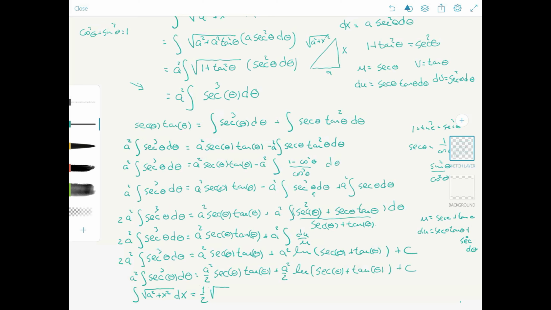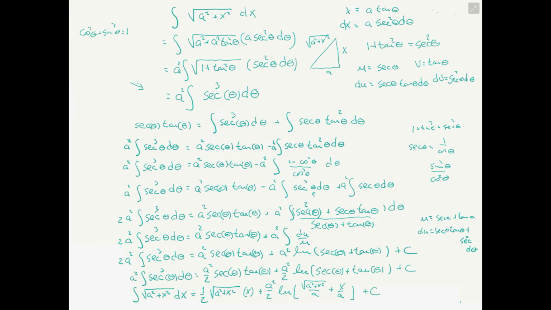We got 1/2 a squared plus x squared times x plus a squared on 2 natural log of secant again, which is square root of a squared plus x squared on a, plus, not times, it's plus, tangent, which is x on a, plus c. And that's our answer.